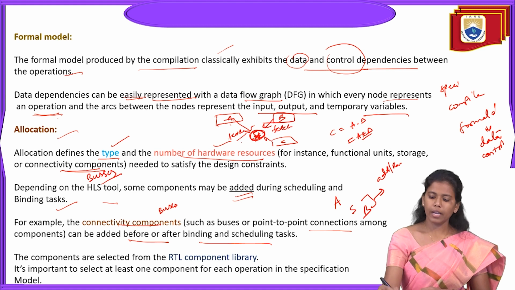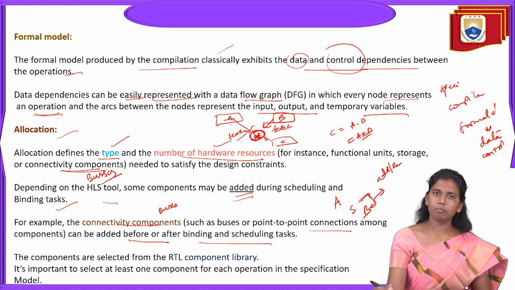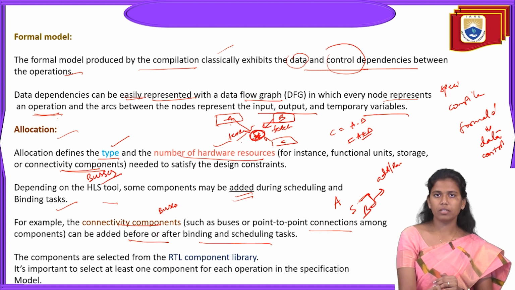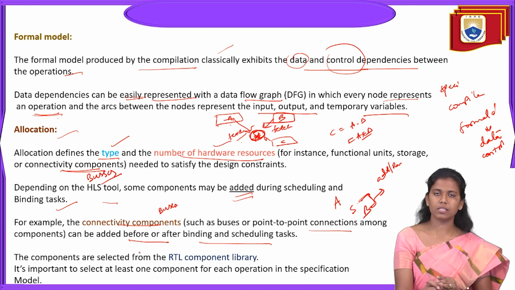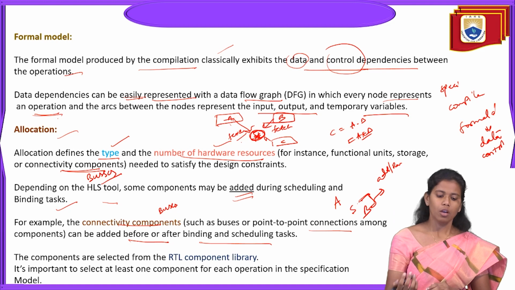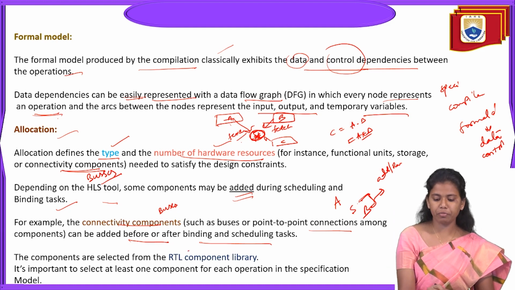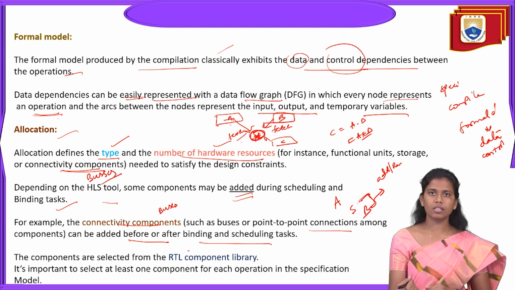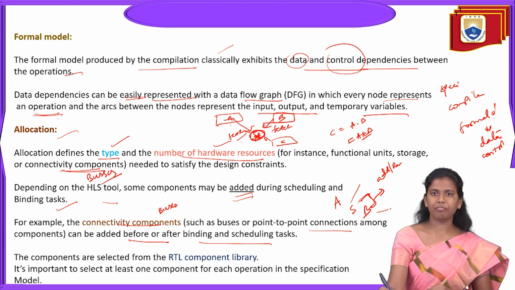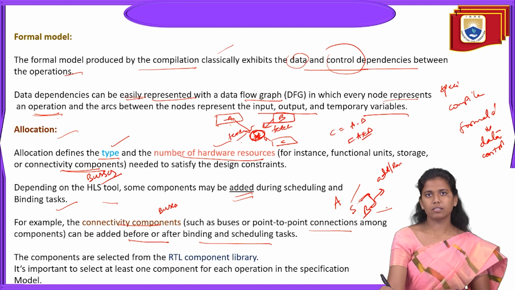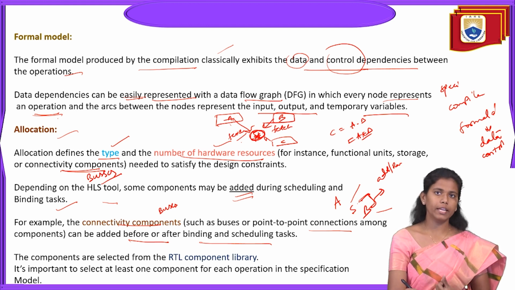So different sorts of buses can be added or removed before or after binding and scheduling. Only then can we add the connectivity components. So this is what the allocation means.